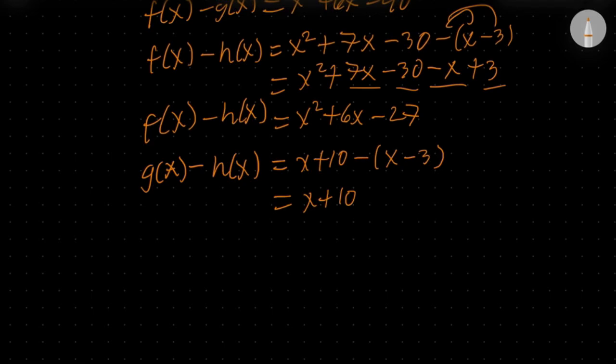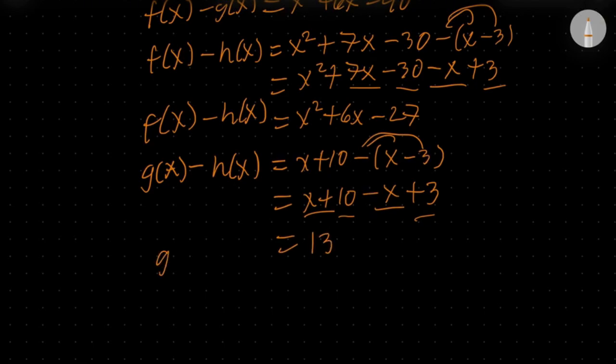We're gonna multiply x by the negative, which will result in negative x, and negative 3 by the negative, which will result in positive 3. We're gonna add up like terms. X minus x is 0, right? Yes, x minus x is 0, and 10 plus 3 is 13.